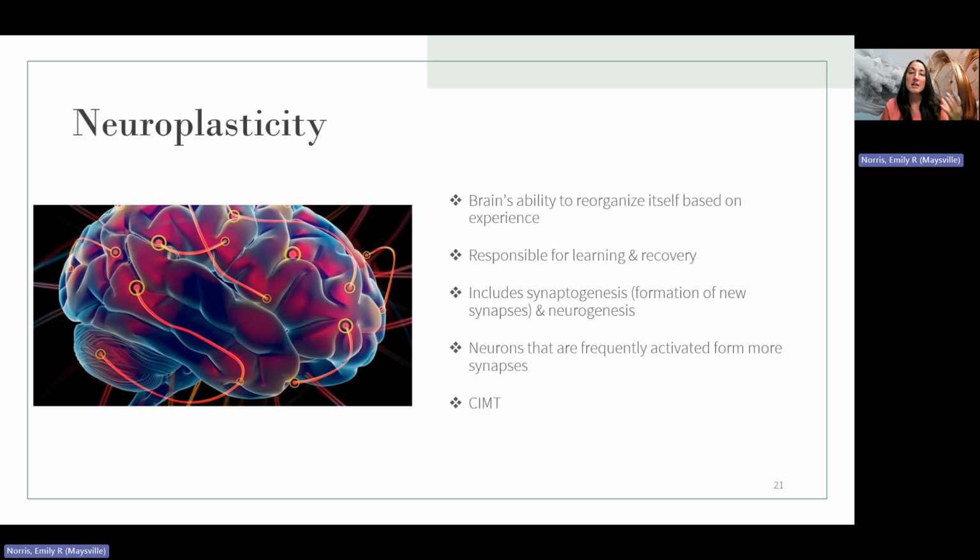Ideally, it's for like 6 hours a day, 5 to 7 days a week, where they are doing a lot of fine motor and functional tasks in order to rewire the brain to increase the pathways and the use of that affected arm. Typically, this is done with the arm, not the leg, and it's to help with that neuroplasticity. Neuroplasticity is also called adaptability or flexibility.